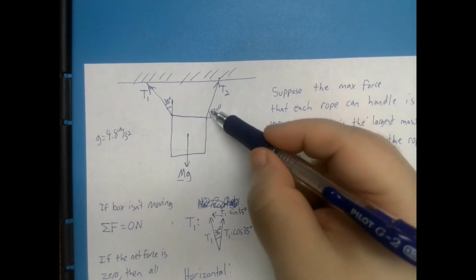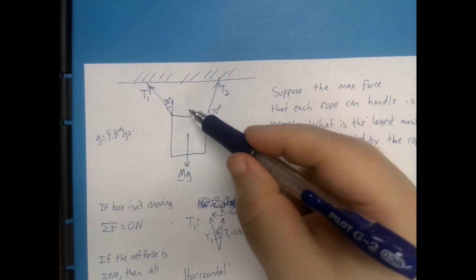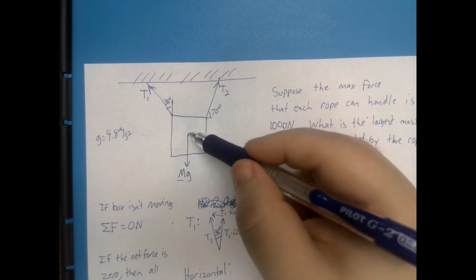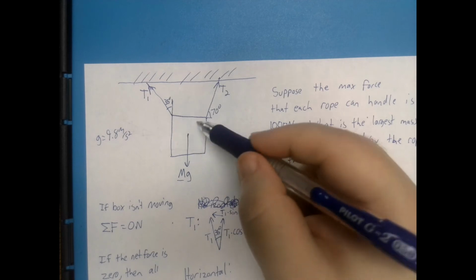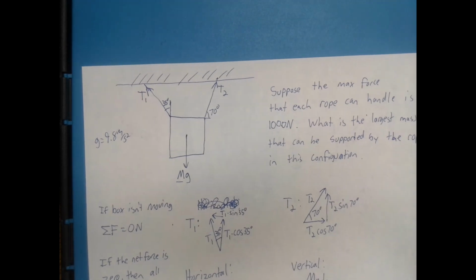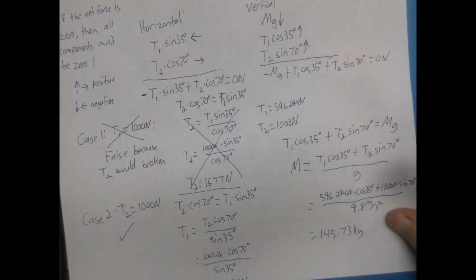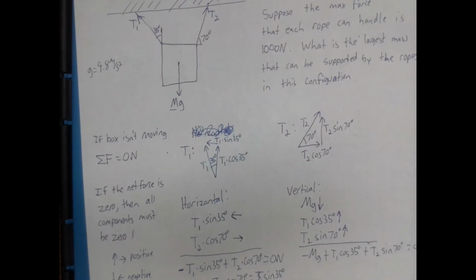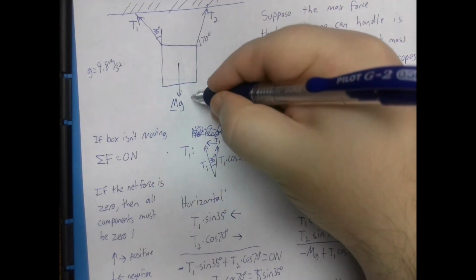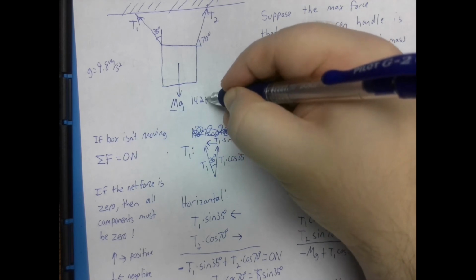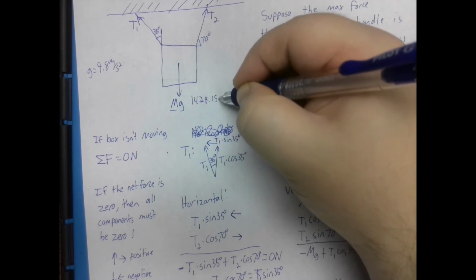And you can figure out optimal angles so it can support something like this. If you're curious, if this was 145.73 kilograms, I can multiply that by 9.8, and we get 1,428.15 newtons.